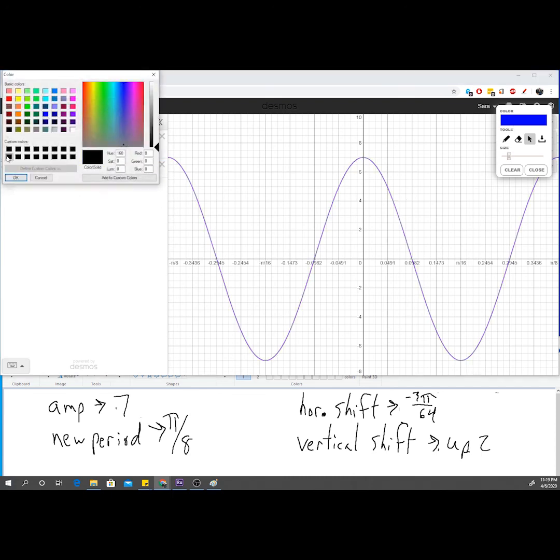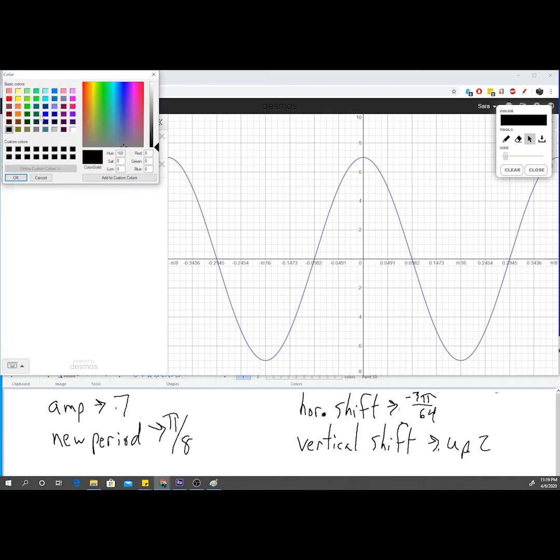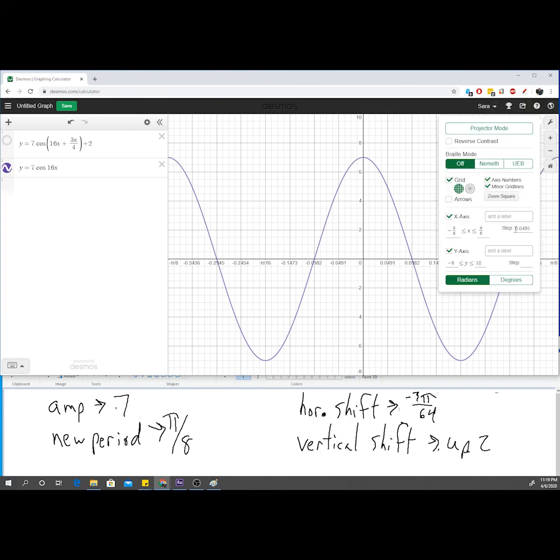And now we're going to go ahead and incorporate our shifts. Okay, so my horizontal shift tells me that I'm going to move 3 pi over 64. If you remember, here I set it so that each of my grid lines was going to be at a pi over 64.